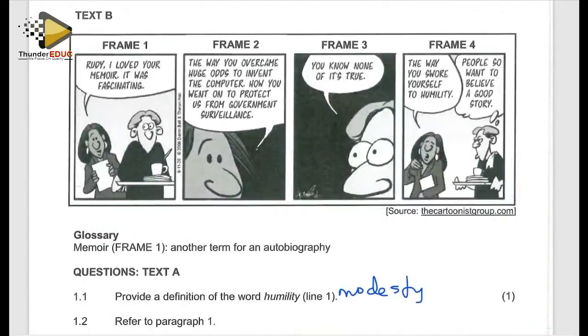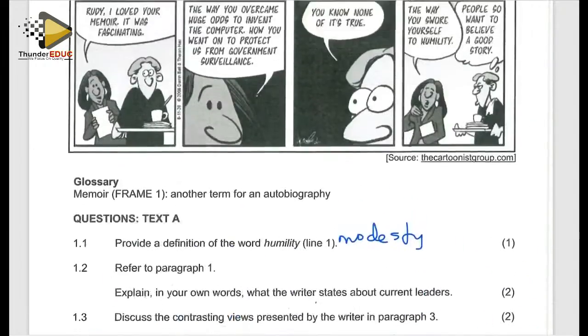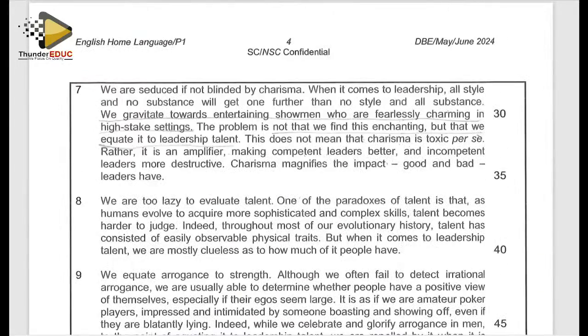Okay, we go on to the next question, which is: discuss the writer's assertion we are too lazy to evaluate talent, line 36, in the context of paragraph 8. Let's go to paragraph 8. We are too lazy to evaluate talent. One of the paradoxes of talent is that as humans evolve to acquire more sophisticated and complex skills, talent becomes harder to judge.